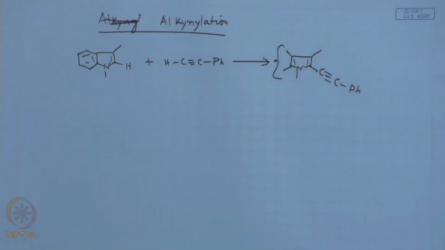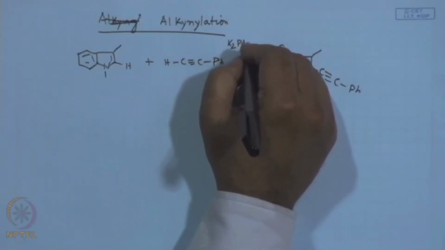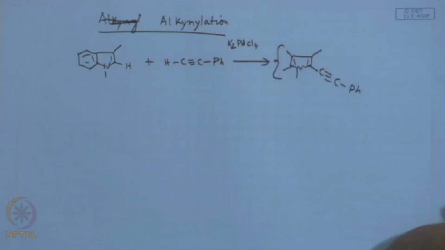What does it tell you? It is a substitute of Sonogashira reactions. You do not have to have a halogen. But you have to look for the right combinations of the reagents. In this case, it is potassium tetrachloropalladate. Okay.